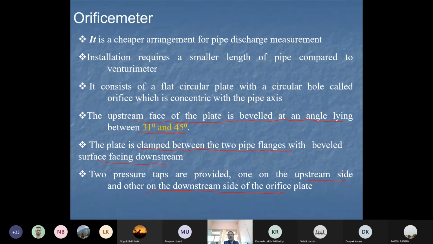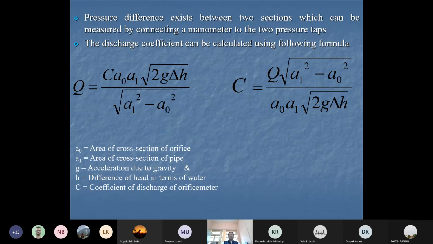So once we know the theory, the arrangement and the technical condition, we can go for observations to find out the head difference with respect to the discharge condition in both the fittings to find the calibration characteristics. And if we are interested in the value of coefficient of discharge, we can calculate it back by using the information about the size of the pipe diameter and the size of the orifice or the venturi throat.